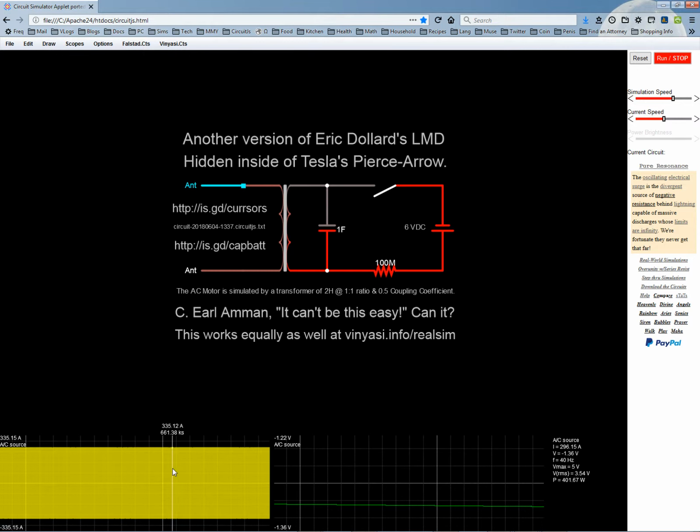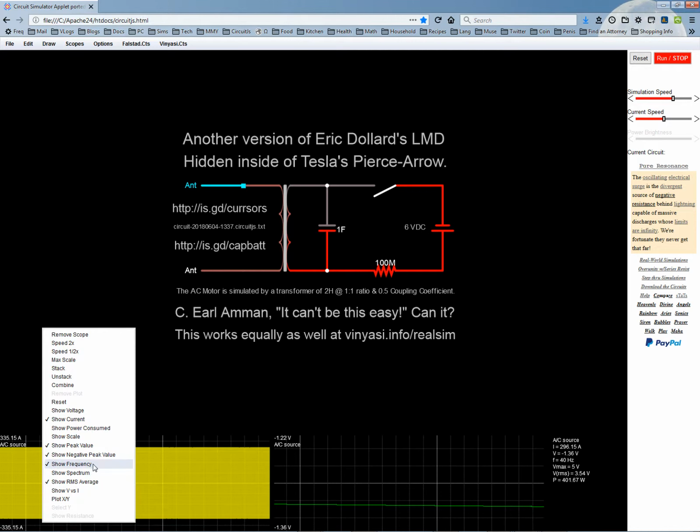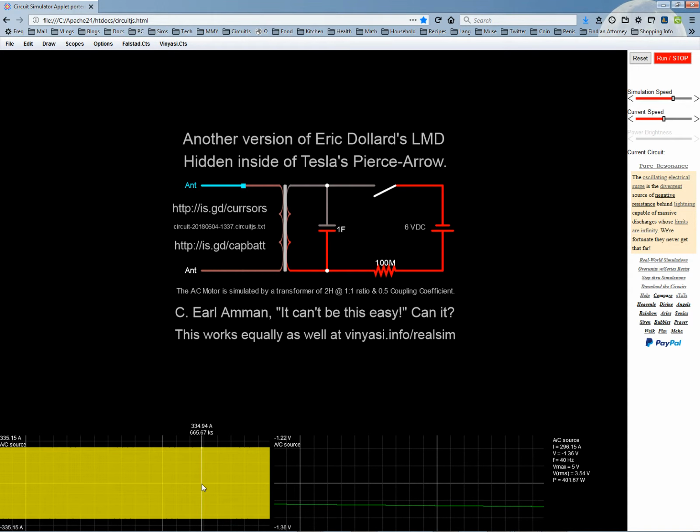Now I tried to indicate, it says it right here. Look at that. See? 40 hertz. If I put my cursor over it, and you look right there, 40 hertz. Now I asked it to show me the frequency. See? I have it checked off along with the RMS, but it doesn't want to tell me here. But it will tell me over here, if I put my cursor over it. Oh, no, it does tell me the RMS. Let me look with my glasses.